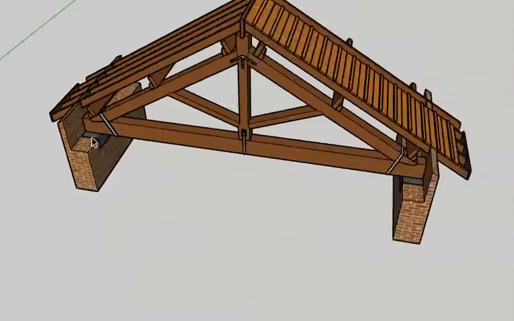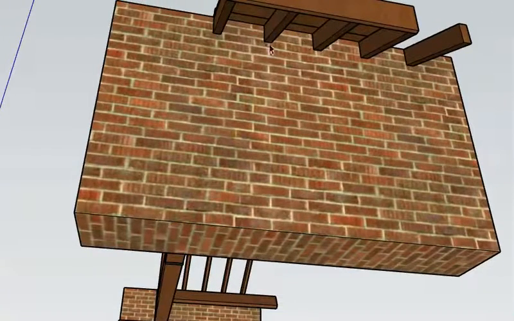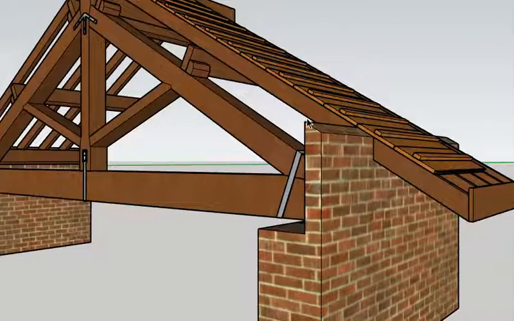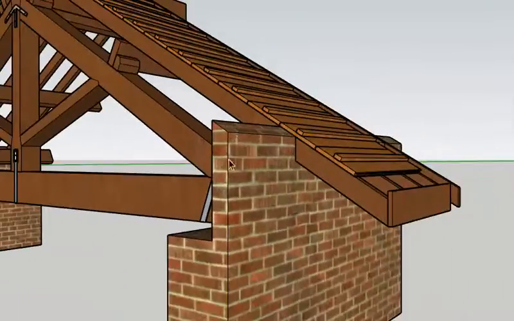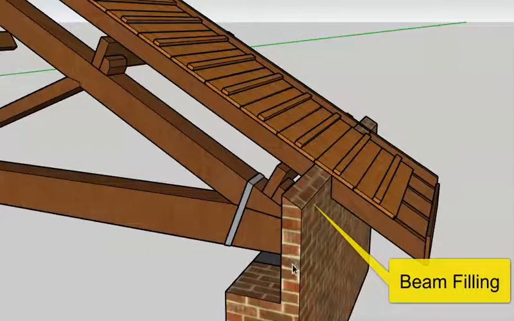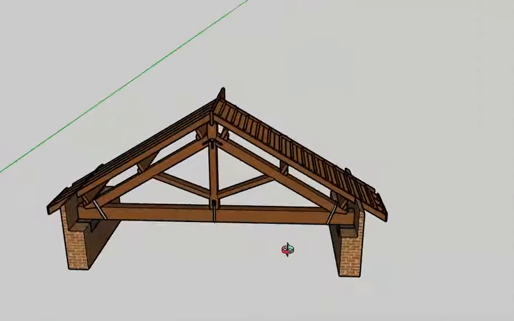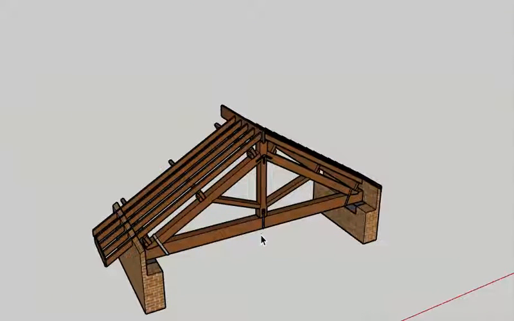Suppose this wall was not there, then there would have been a gap left between the rafters here and here, and through this gap birds, insects and other things would have entered inside the roof. So it is necessary to continue this wall right up to the base of the boarding. This wall is called the beam filling. So that is another term which you can remember in case of the truss roof.